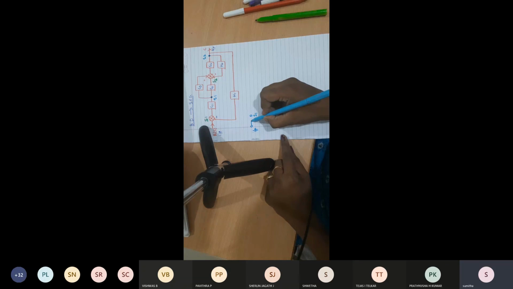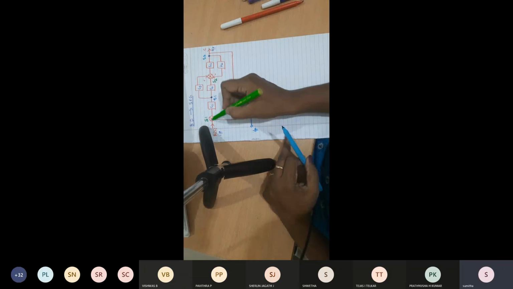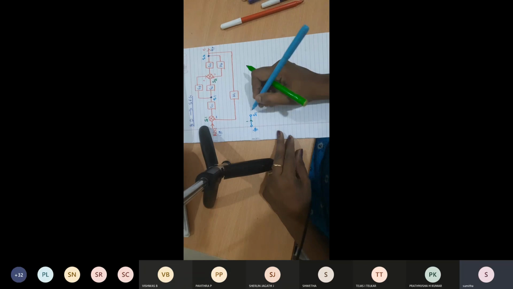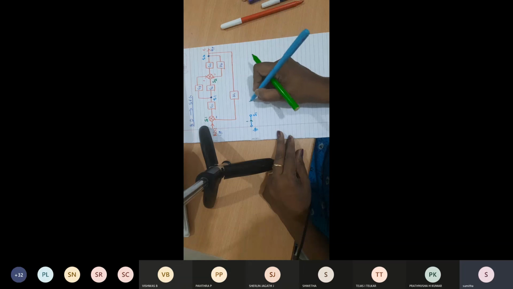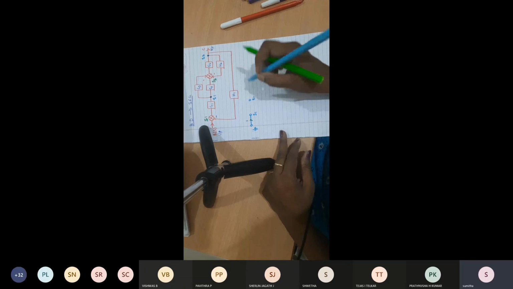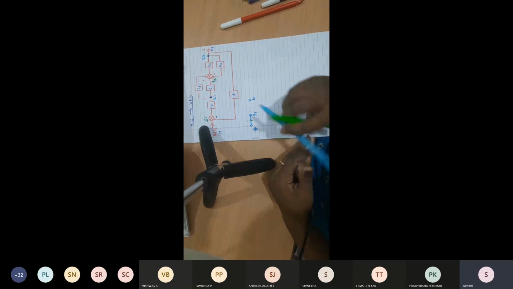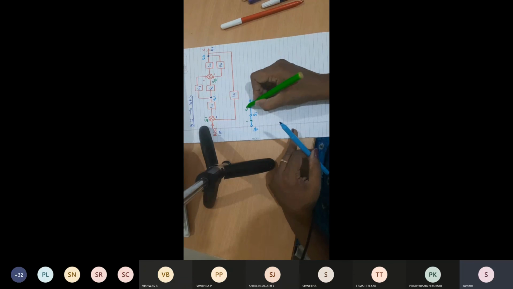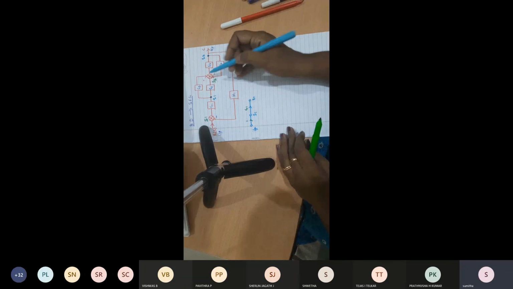I will travel like this. How much is my magnitude here? From this to this, I have a magnitude of 1. Then from S1 to T1, another node I have to put. This is my node T1 here. From S1 to T1, I have a gain of block G1. Next, T1 to S2.